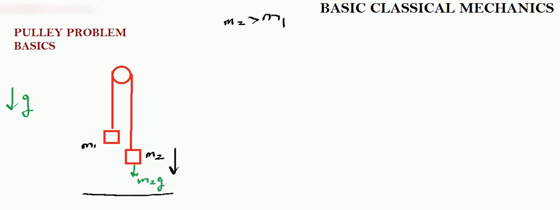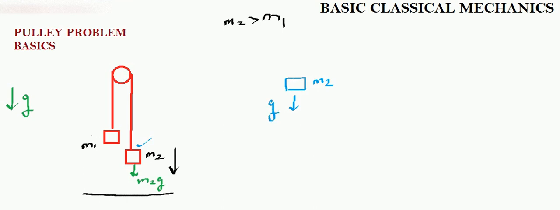Agreed. And now when this object is moving down, can you tell me one thing? What will be the acceleration of m2? Will m2 fall with an acceleration g? The answer is no. If m2 were alone, if m2 were allowed to free fall, only then the acceleration with which m2 would have fallen to the ground was g.